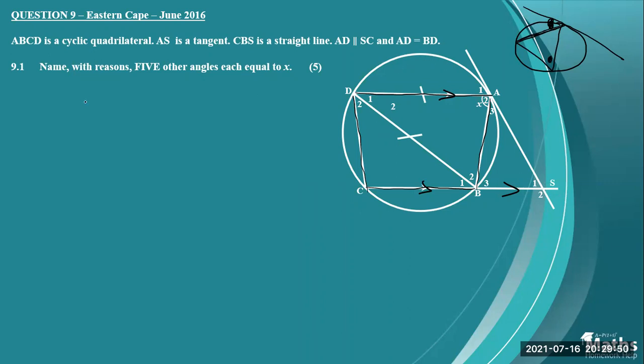Now, the first question says, name with reasons 5 other angles, each equal to x. Now, if I start off with my angles opposite equal sides, which I want to start off with, it doesn't mean that it will be wrong if you don't start with it. So you maybe can start off with alternate angles. Can you see there? That will be alternate angles. So it depends wherever you want to start off.